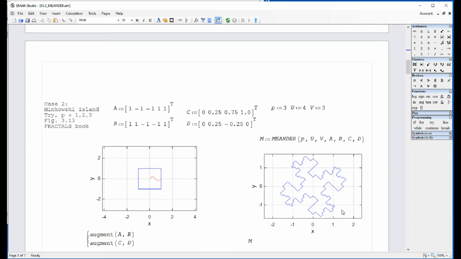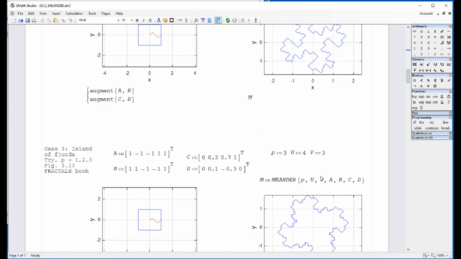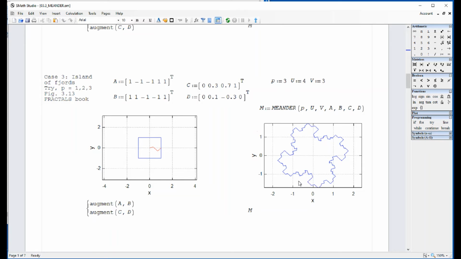If you use sharper curves in here for the motif, you get this result. An island of fjords. If you use this model where one peak is sharper than the other one, you get this island of fjords for p equals 3.